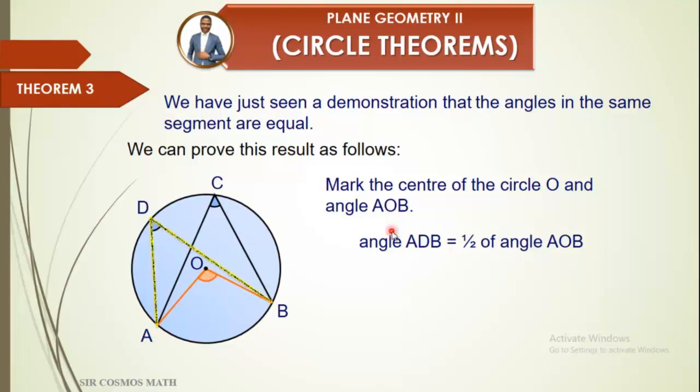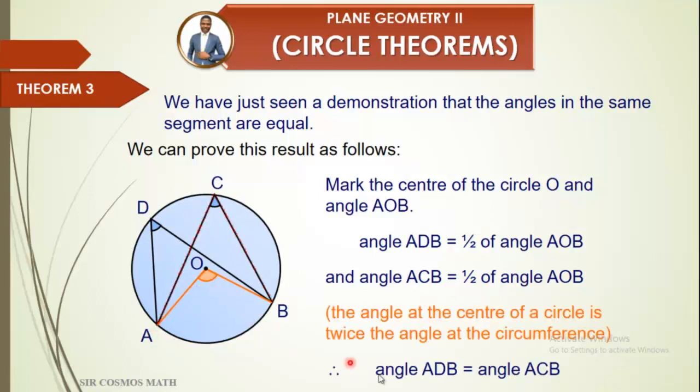So angle ADB is equal to half of this angle. The same thing applies to angle ACB. So half of angle AOB is equal to angle ACB. That is twice angle ACB is equal to angle AOB.